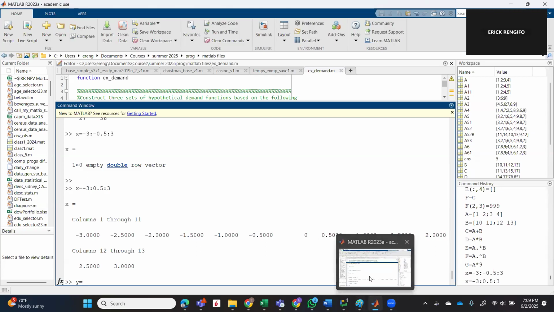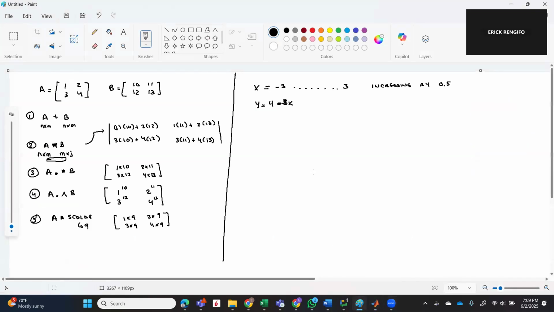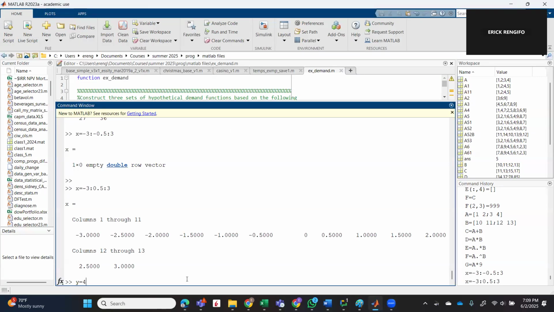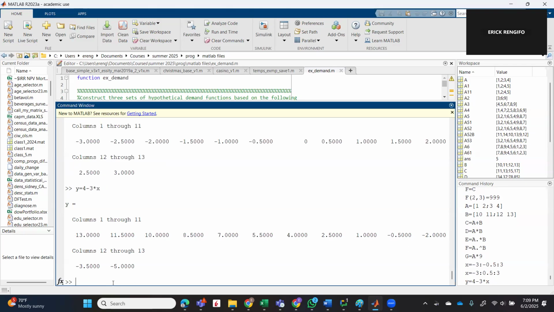Later I will show you how to estimate parameters. But in this simple example, y is 4 minus 3x, so it's going to be equal to 4 minus 3 times x. Oh, it's not plus, it's minus. So with this equation here, I simply click this one here, and I have my y. So my y is related to x in this way.